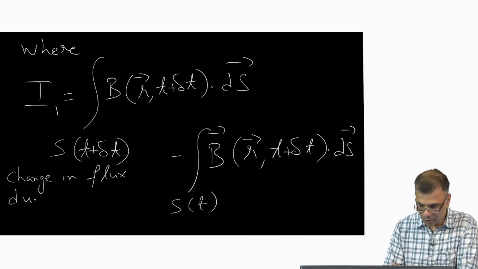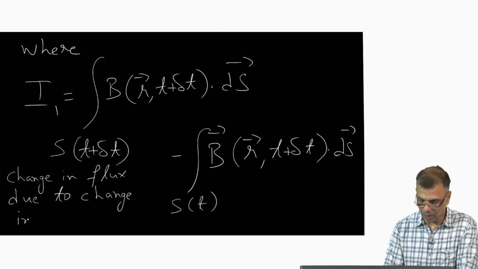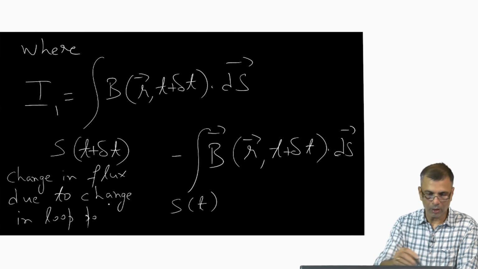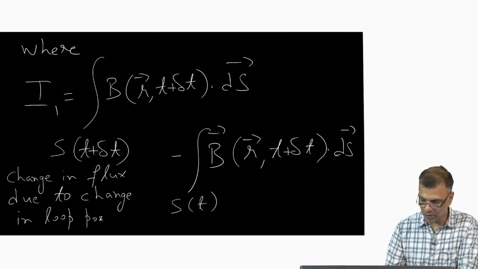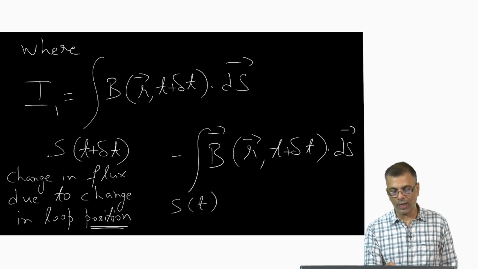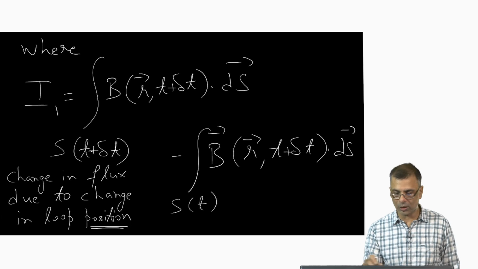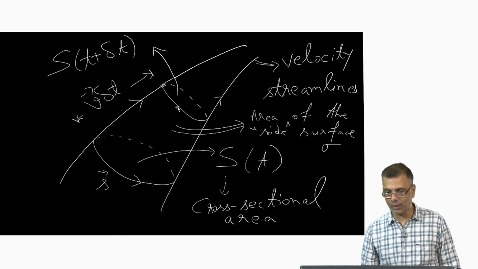due to change in loop position. So the only difference between this and this, like I said, is the difference in the cross sectional area over which it is being integrated, in other words the difference between this area and that area.